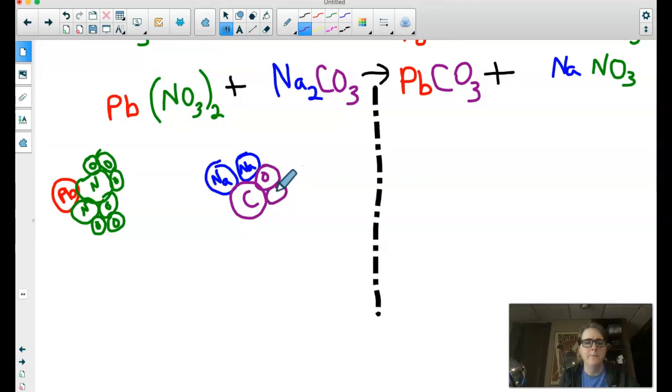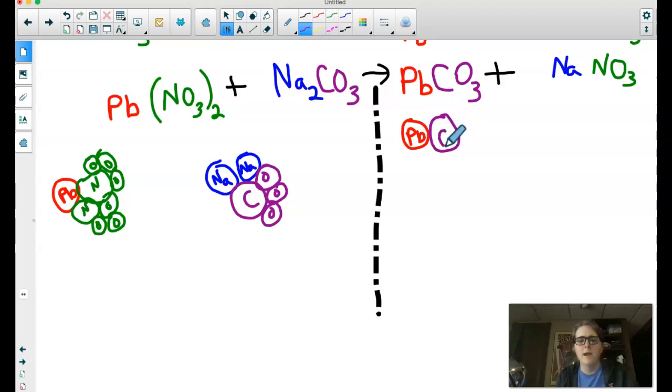Again, even though we're doing a lot of thinking with that carbonate as all one thing, for the particle diagram, with what we're trying to communicate, the individual atoms that are making this up, it is important to show each of those separately. And then I have lead 2 carbonate, so Pb with a carbon and 3 oxygens. And then I'm going to do my sodium nitrate.